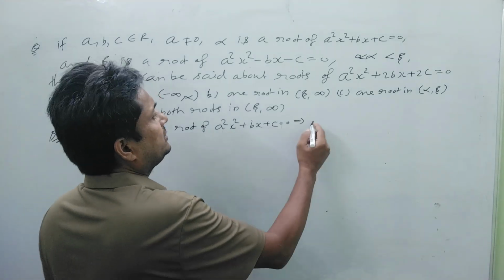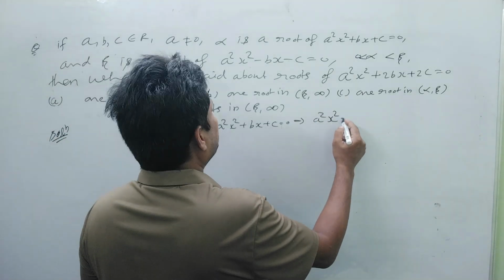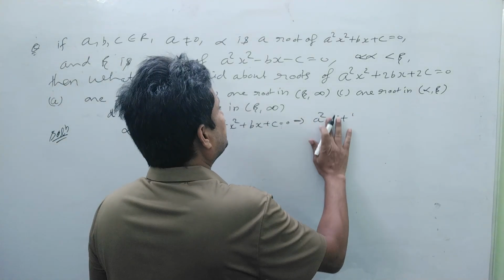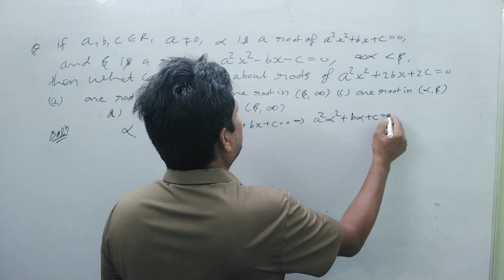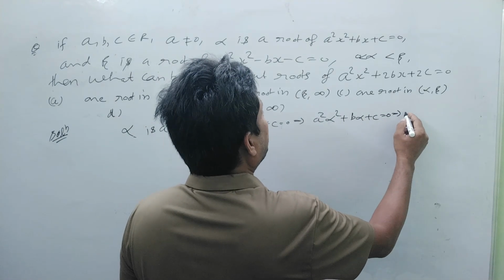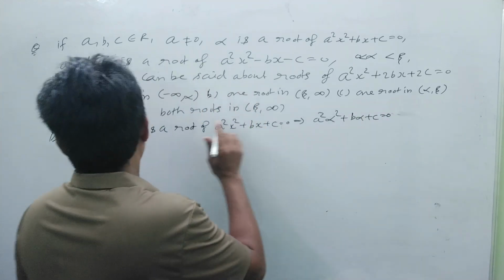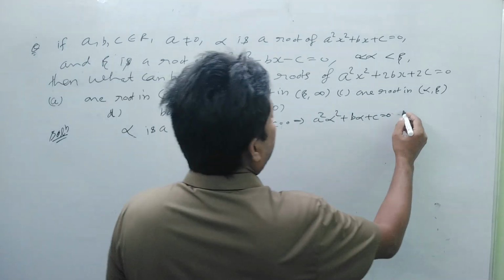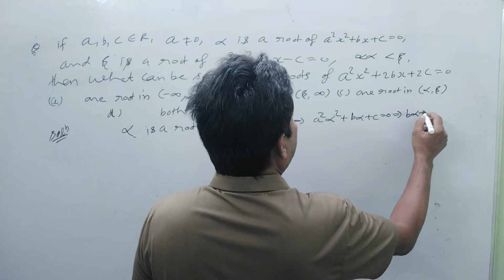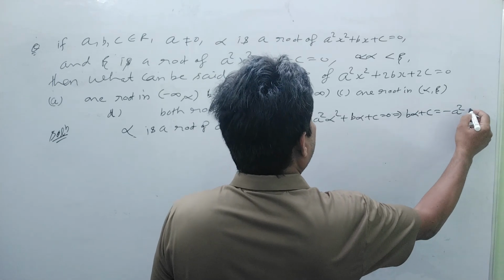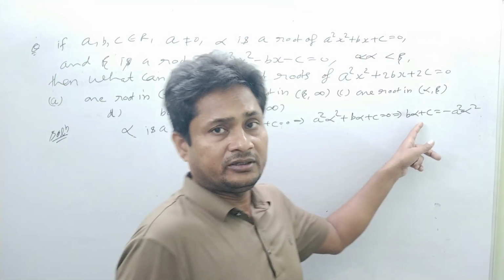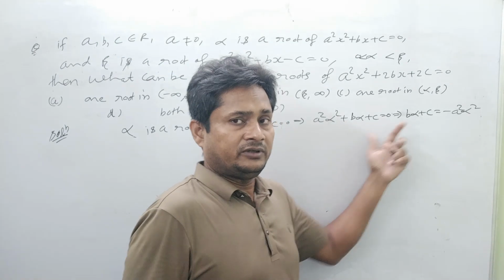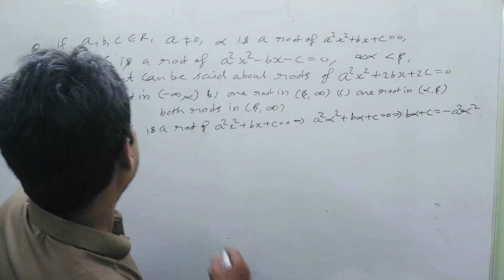So it will satisfy: a²alpha² + b alpha + c = 0. That means from here we can write b alpha + c = −a²alpha². Why am I writing this one? I will tell you later on.